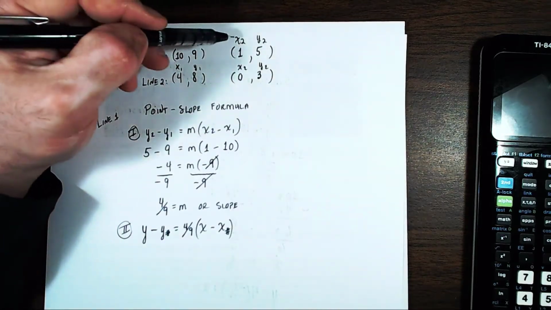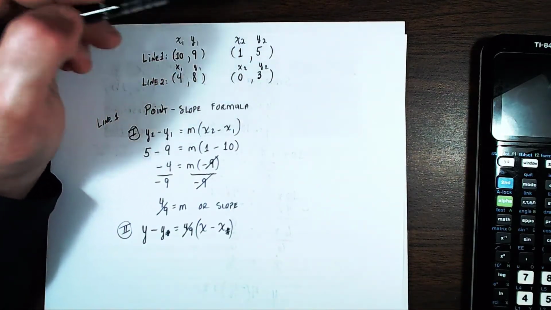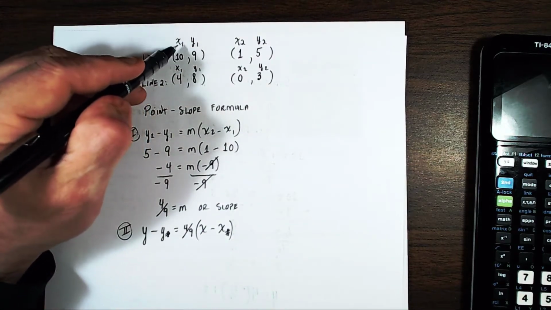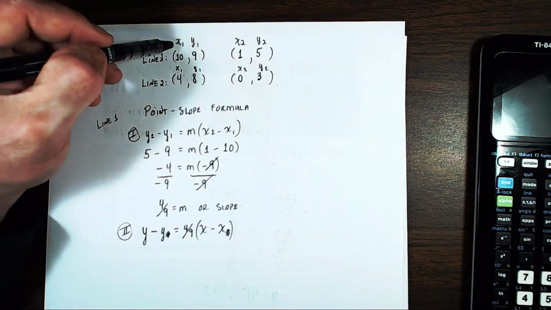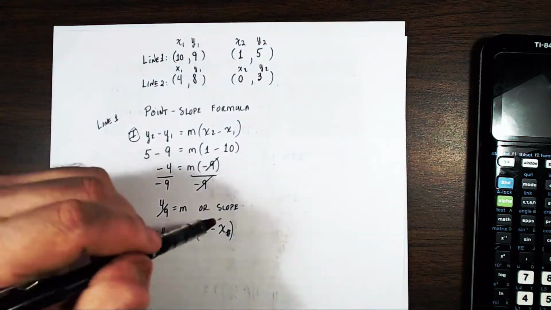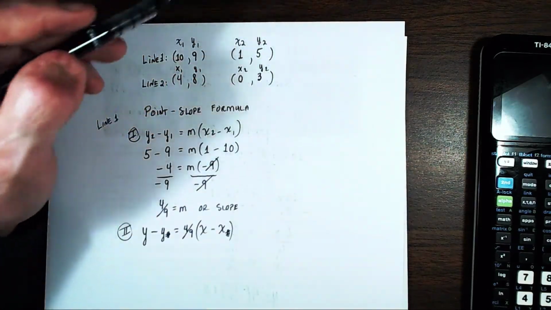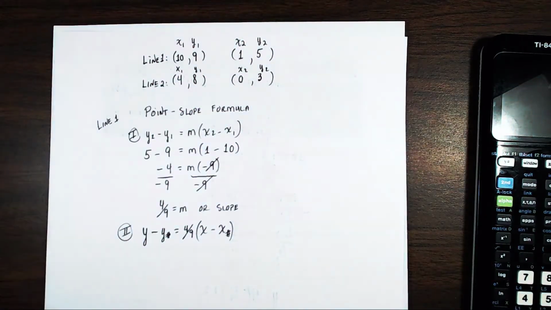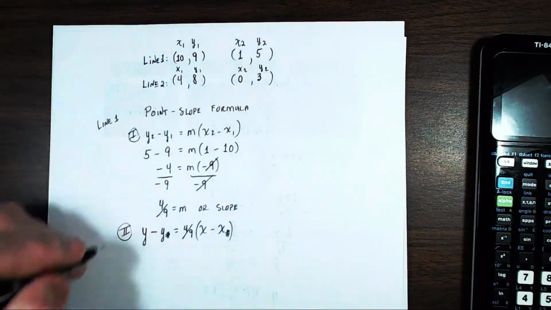I'm going to use the second set of values. So it doesn't matter. You can work the problem using these values as long as you're using x1 and y1 here, or x2 and y2. You can't mix them. You have to choose one coordinate pair and kind of run from there. So let's use these values here.